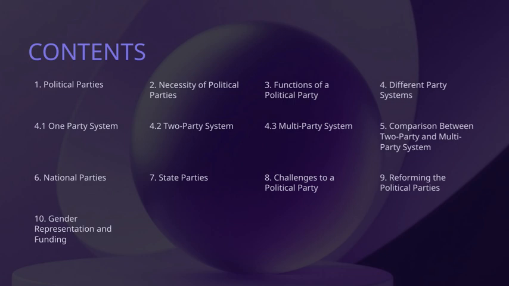For example, a multi-party system can offer broader representation, but might also lead to complex coalition negotiations. Recognizing these differences is essential as we explore how political parties function, their roles, and the challenges they face. This understanding will deepen our appreciation of the political landscape and its influence on society.